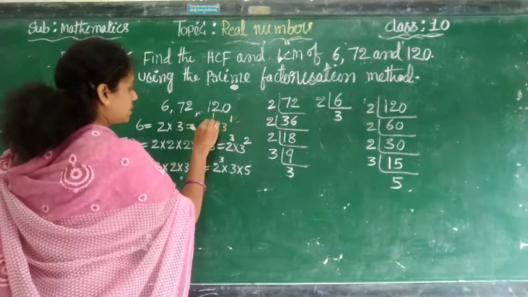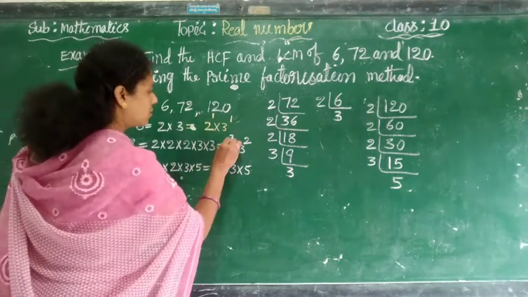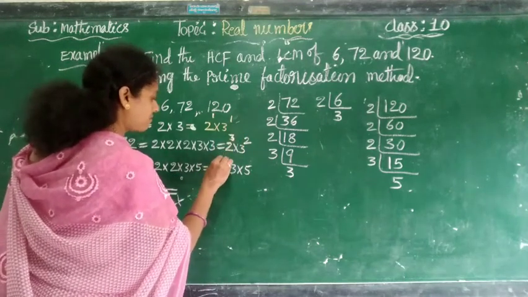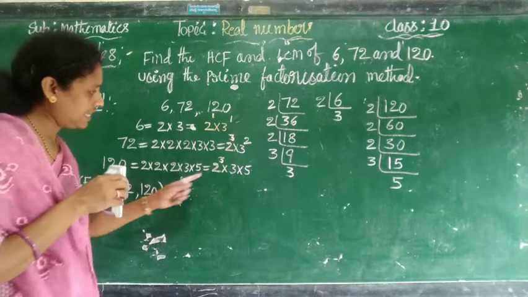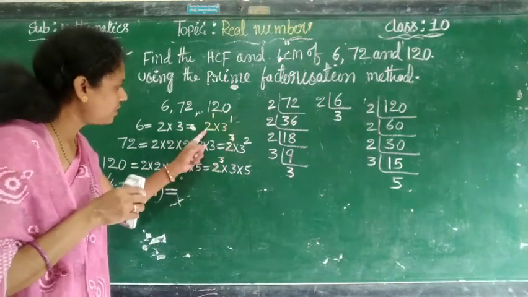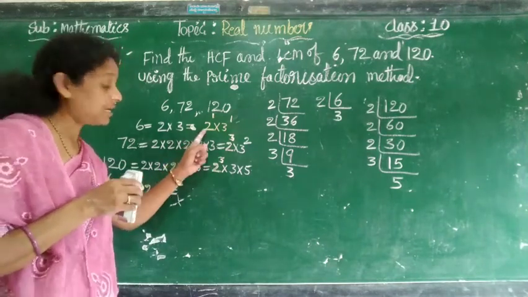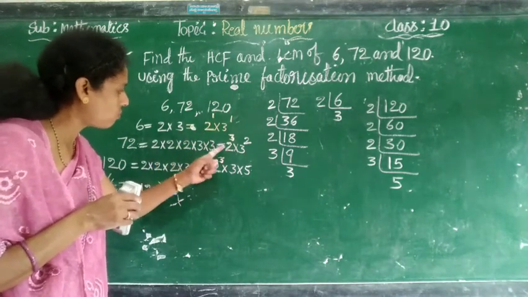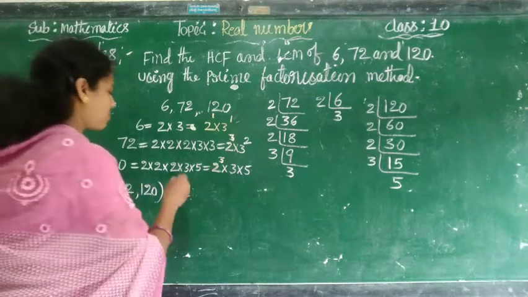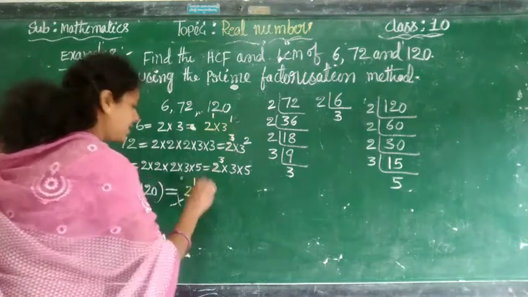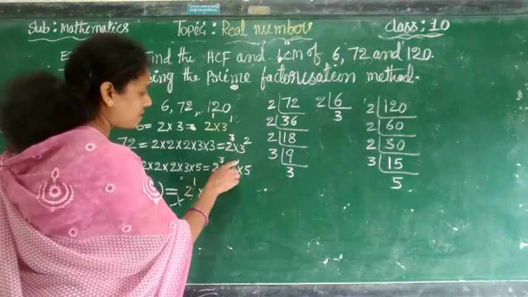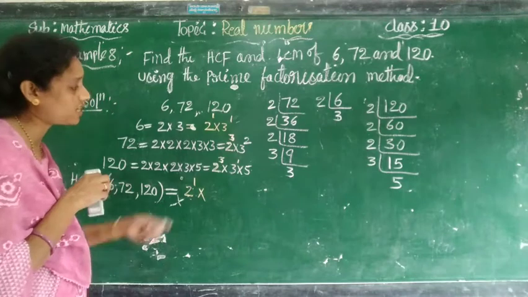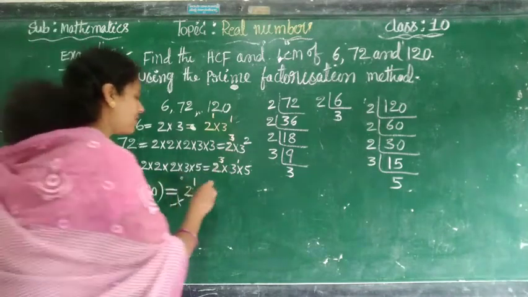We have 2 to the power of 1, 2 to the power of 3 and 2 to the power of 3. Which one is the least power of the common factor? Yes, 2 to the power of 1. And 3 to the power of 1, 3 to the power of 1, 3 to the power of 2. Which one is the smallest power? Yes, 3 to the power 1.